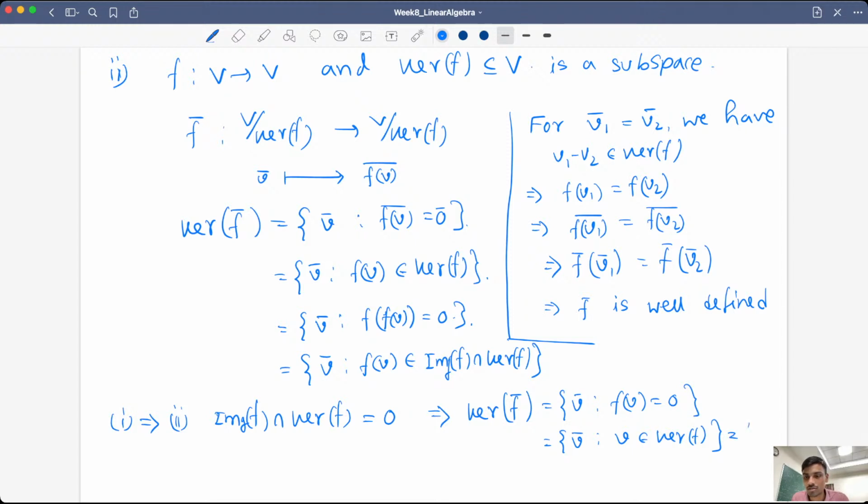So this contains only 0 bar, because I am considering v mod kernel f itself. So the kernel of f bar is 0, that means f bar is injective.